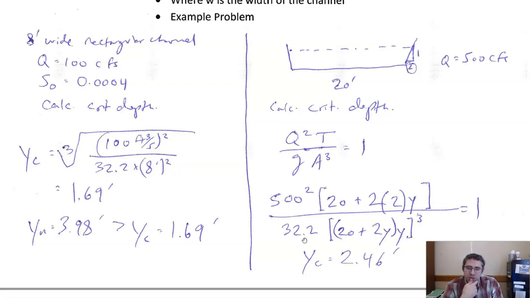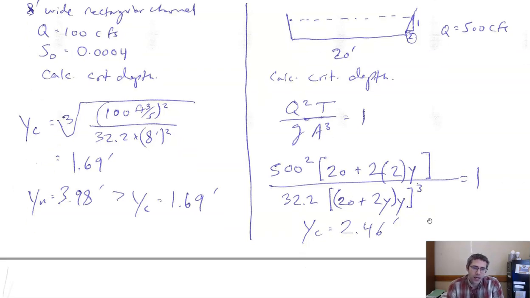Divided by g, 32.2 times A cubed, and again, this right here is an expression for the area of a trapezoidal channel as a function of y. So it's the bottom width plus 2y times y, and then cubed for the A cubed, equals 1. And so I can plug in different values of y here and iterate and solve for it as 2.46 feet.